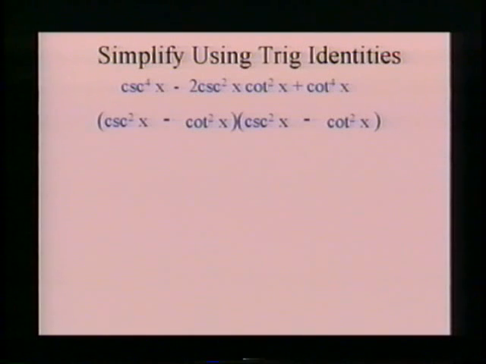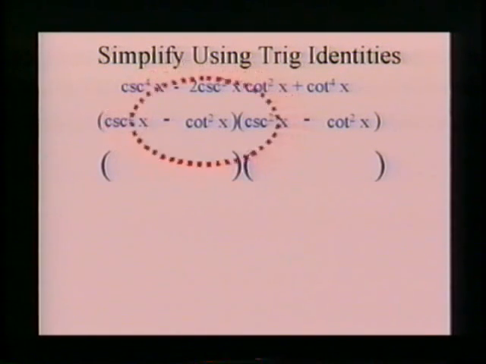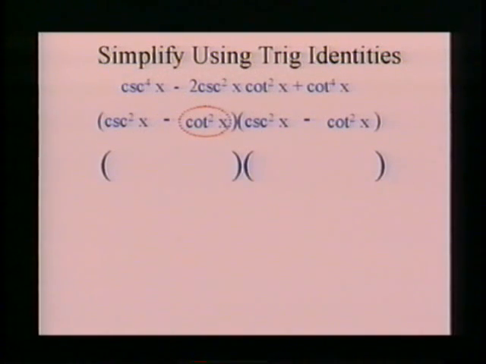Okay, now let's start looking at some things. The cosecant, remember from the last problem, is 1 over the sine. The cotangent is, from one of our identities, not the sine over the cosine, but the cosine over the sine. Now these things are squared, so the cosecant squared is going to be 1 over the sine squared, not 1 over the sine.